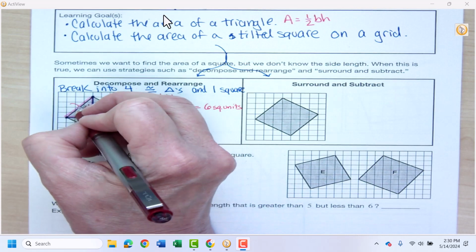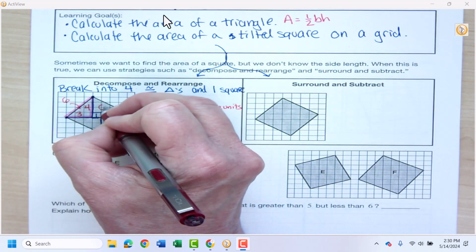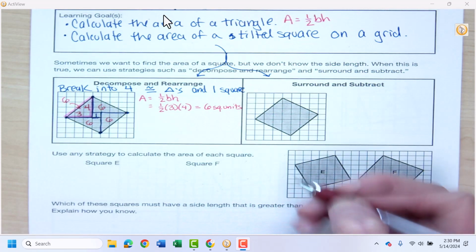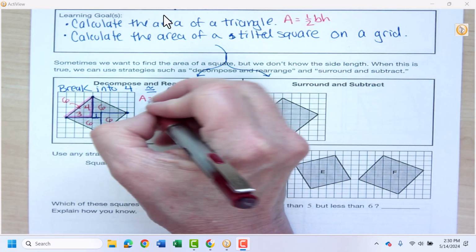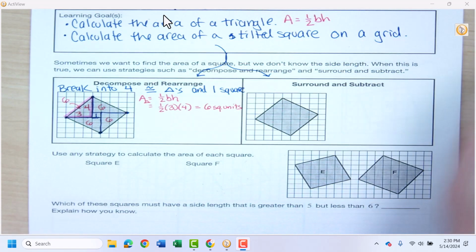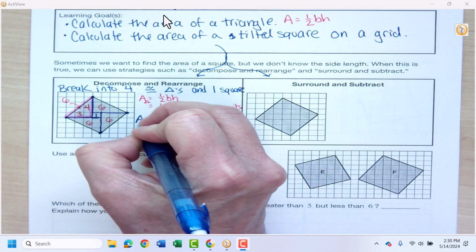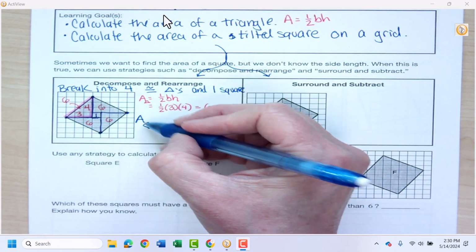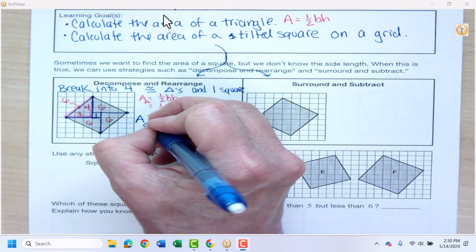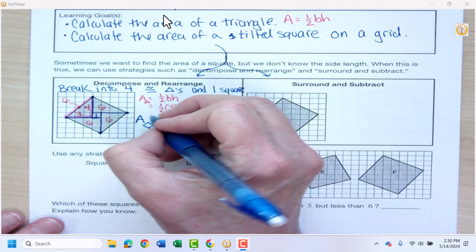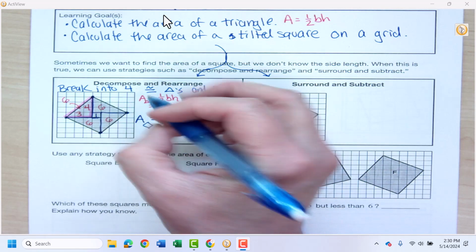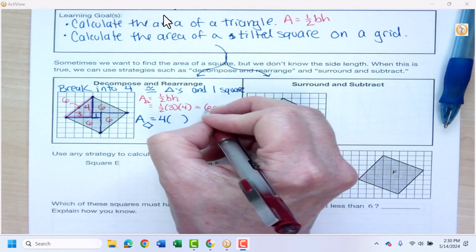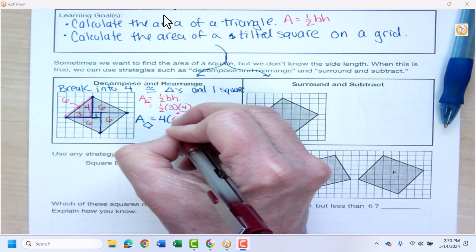So I know that this is 6 square units, this is 6 square units, this is 6 square units, and this is 6 square units. I'm going to write a triangle there so I know that's the area of my triangle. A lot of areas going around here. So the area of my tilted square, make a little diamond there so you know I'm talking about the tilted square now, is going to be, well, there's 4 of those triangles, and each one of those triangles is 6 square units.